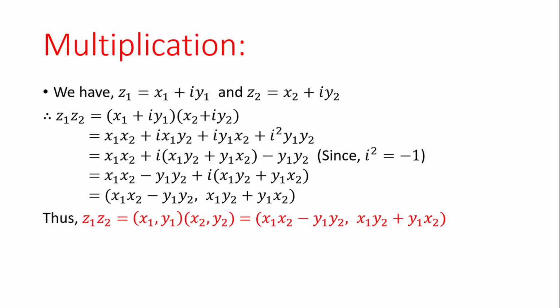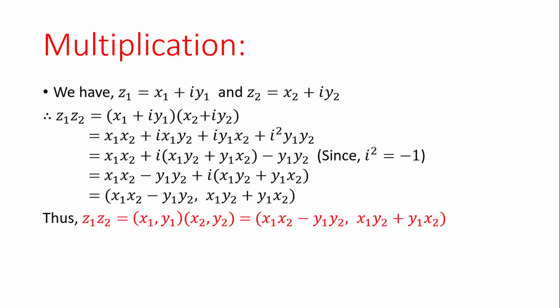So the middle two terms, that is second term and third term, from these two terms we can take i common, and by putting i square equal to minus 1, we have X1 X2 plus i in bracket X1 Y2 plus Y1 X2 minus Y1 Y2, where i square is substituted as minus 1.